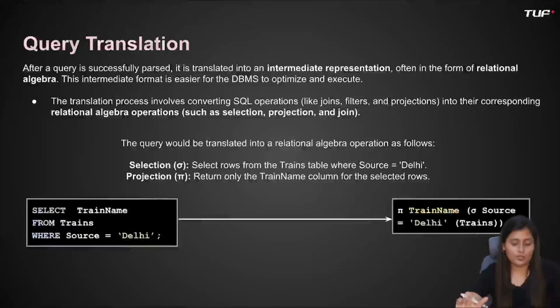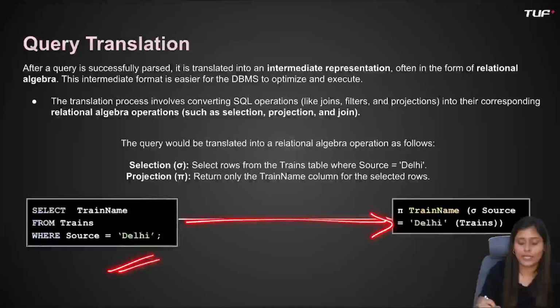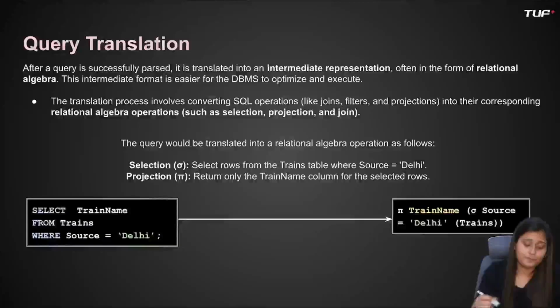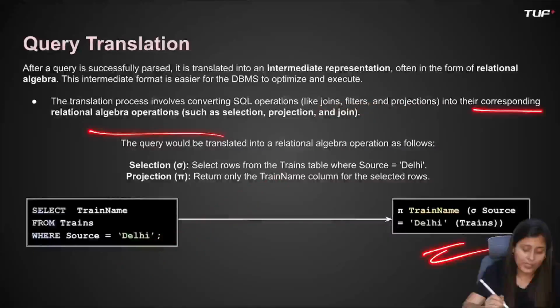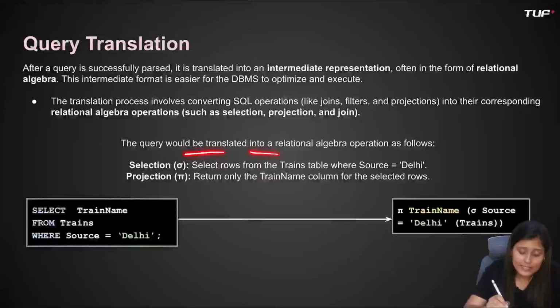But as of now, just understand that it will convert the basic SQL query into a relational algebra query. This process involves converting the SQL query, whatever we apply like join, filter and projection, into corresponding relational algebra operations.